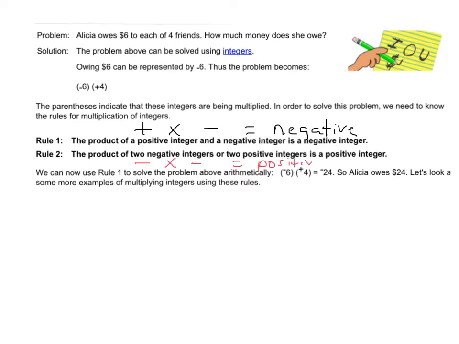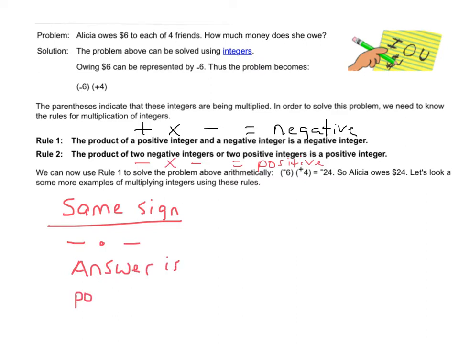So let's summarize this. When you're multiplying and dividing integers, if you have the same sign, such as a negative times a negative, the answer is always positive. So same sign, you get a positive.